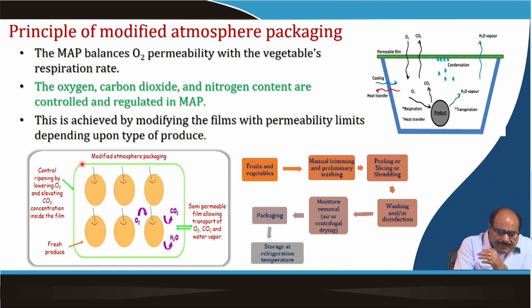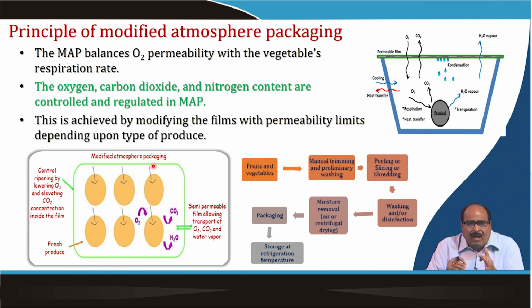When some sort of semi permeable material is used, it selectively allows in and out the gases, O2, CO2 and even water vapor, and therefore it maintains a proper desired level of composition of these gases, that is the oxygen, carbon dioxide and nitrogen content are controlled and regulated inside the packet, and this is achieved by modifying the film with its permeability limit depending upon the type of the produce, because different produces have different rates of respiration, and their requirement for O2, CO2 etc. might be different, which we will see a little later.